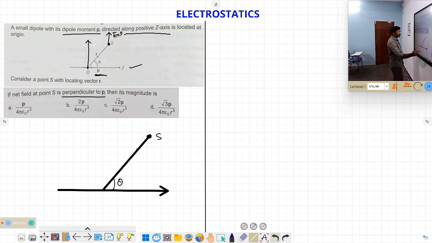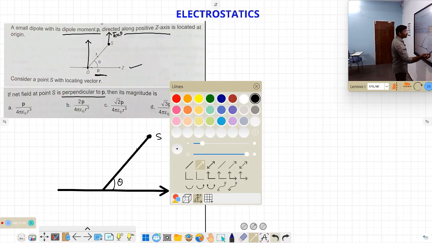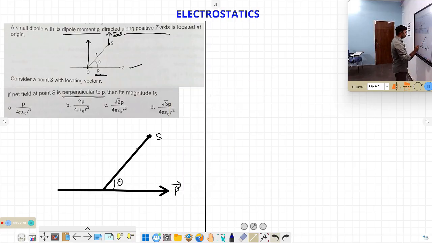Now the dipole moment P is a vector quantity, so you can resolve it into components. One component you will get is P cos theta, and the second component is perpendicular to that one, in this direction.